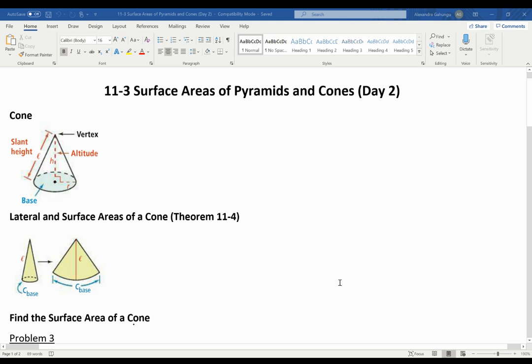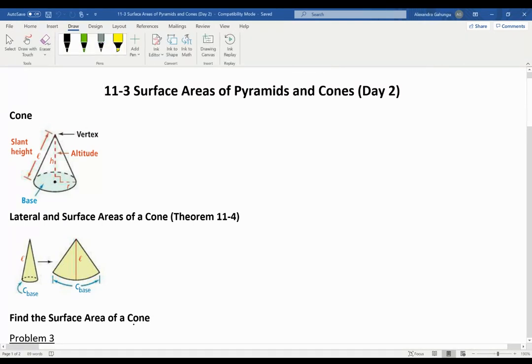Alrighty, so we're going to go over now the lateral area and surface area of our cone. Really, the only difference between these two is now our base is going to be a circle, but our formulas are actually going to still include our slant height, and we are still looking for the area of our base.